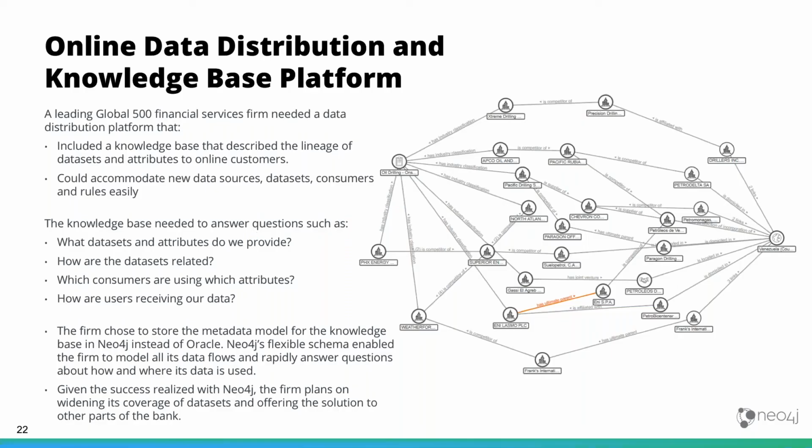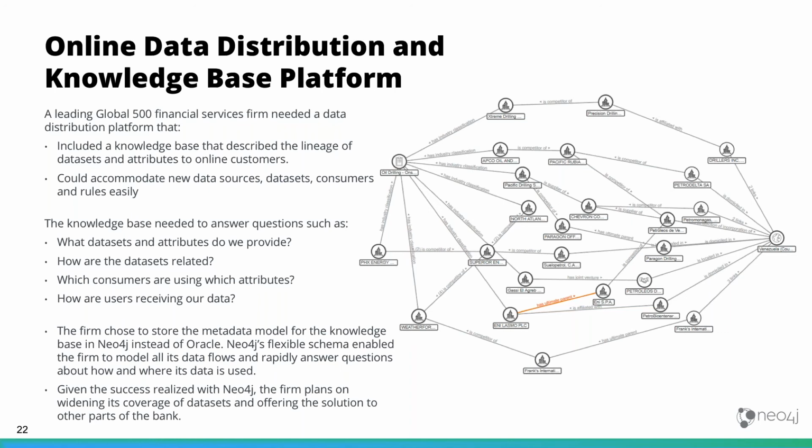All right, so we have a very large global 500 financial services firm that is using us to build an online data distribution and knowledge-based platform. You can see their knowledge graph, which is what this is termed as, linking all of these different companies together, as we showed in our demo as well, into a graph.